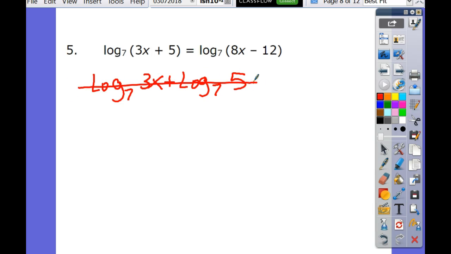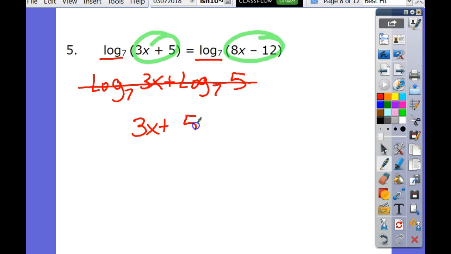The log does not distribute. And so we have this log equal to that log, so we need this part equal to that part. We don't need to distribute the log. It doesn't distribute anyway. We need this part equal to that part.